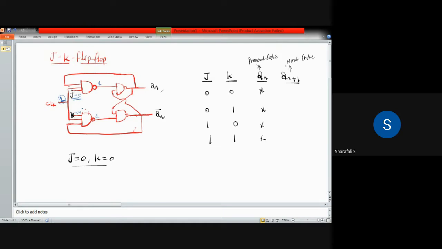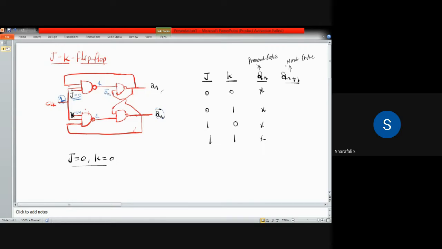So it will become 0 bar, which is equal to 1. This output is going to this particular NAND gate. Here this terminal is 1 now, and here we do not know the value, so it is just Qn bar. Qn bar comes here.